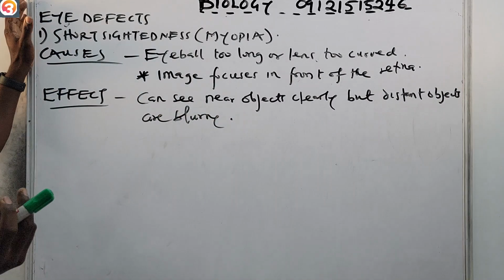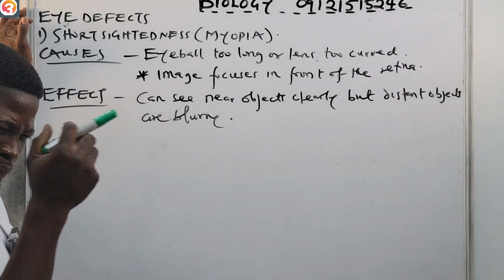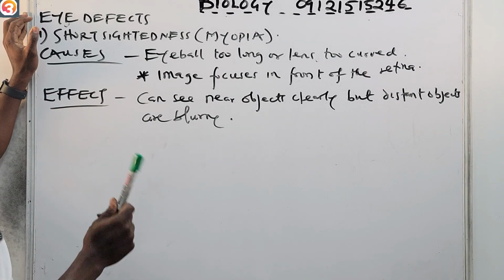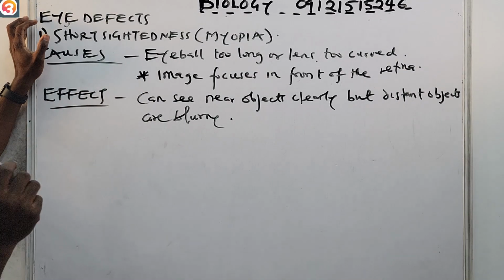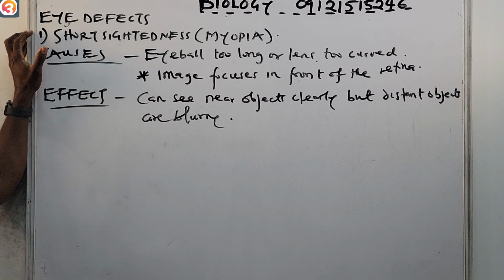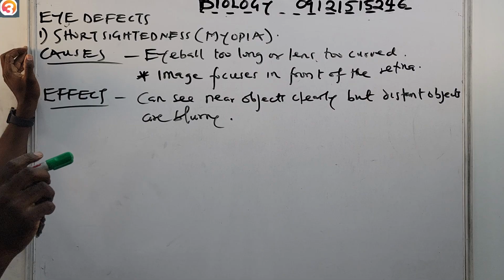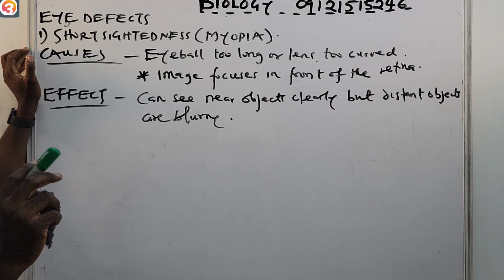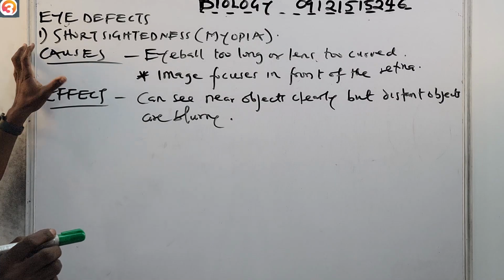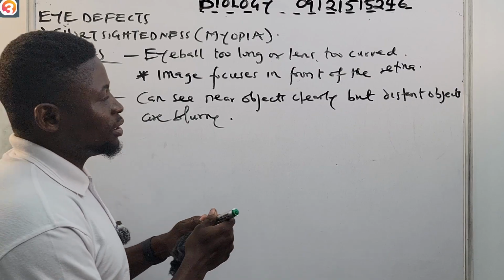You can see near objects very clearly, but you cannot see distant objects clearly. They become blurry. And how can you correct this? You can correct short-sightedness by using a concave lens.